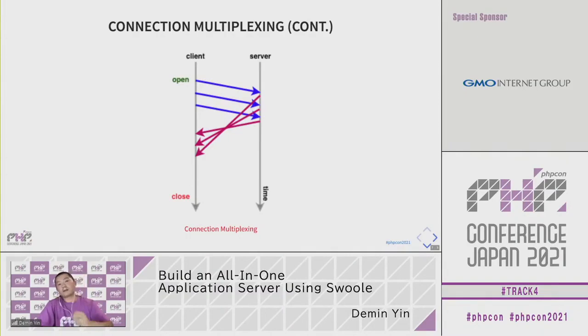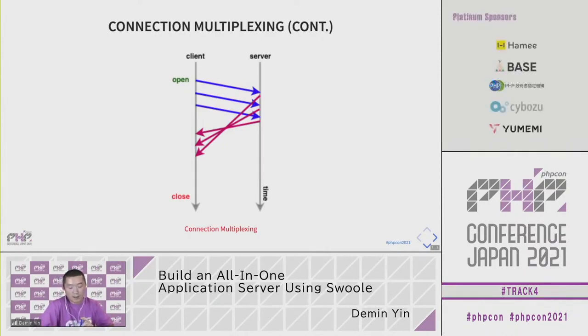Instead, all the responses could be sent back in random order, at random times, and the client side can still handle them without any problem. This is called connection multiplexing. It's actually implemented in HTTP 2.0, but in the PHP system, it's not an option.